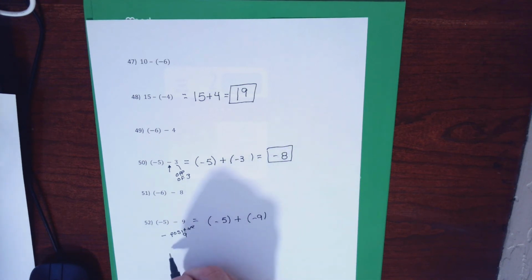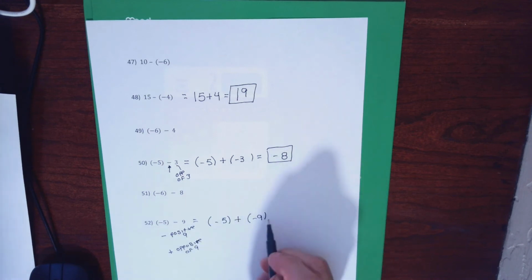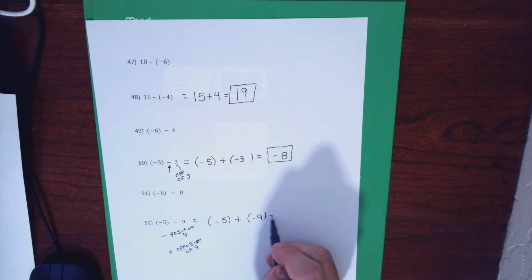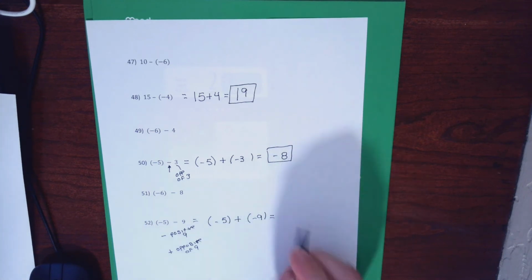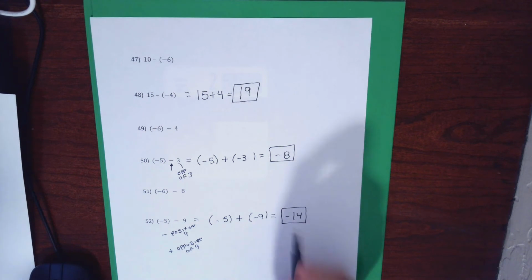And that's going to be the same as plus the opposite of 9, and the opposite of 9 is negative 9. So minus a positive is the same as plus a negative. And now I have adding and both the numbers are negative, so I just add and keep the sign. 5 plus 9 is 14. Since both the numbers are negative, I'll add and keep them negative.